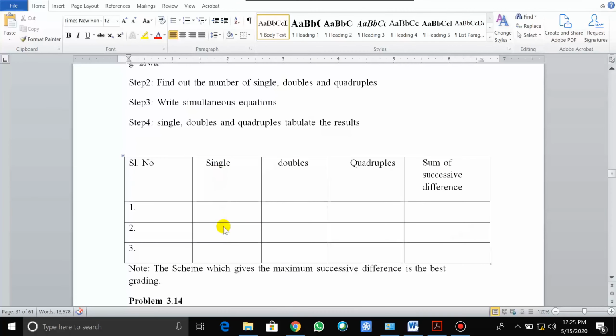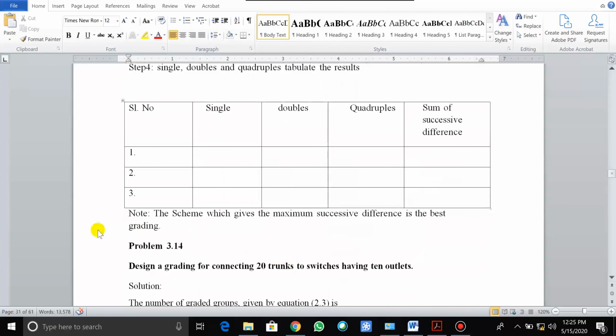So we need to find how many singles, how many doubles, how many quadruples, and the sum of successive differences we have to find. The note here is that the scheme which gives the minimum successive differences is the best grading. Whichever scheme it may be, single or double or quadruple, the one which gives the best successive differences is the best grading. That we have to find out.